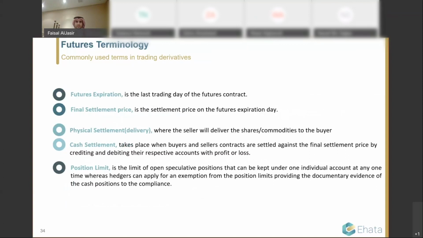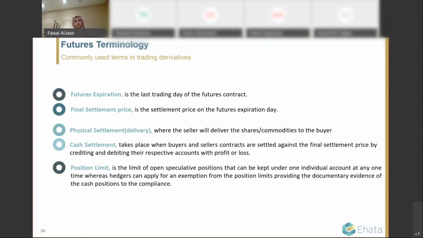Future expiration is the last trading day of the future contract. Final settlement price is the settlement price on the future expiration day. In physical delivery, you are accepting delivery of that physical underlying. In the case of an index, it's cash settled.